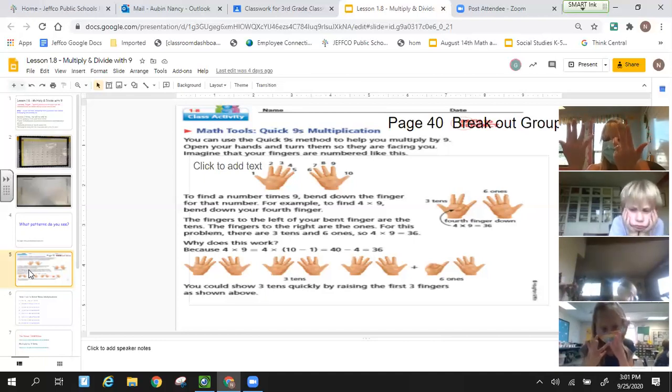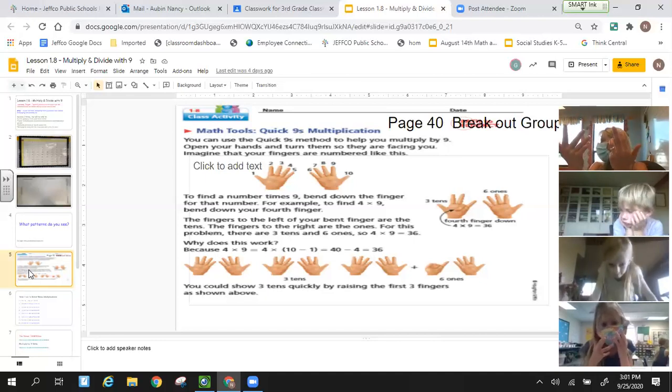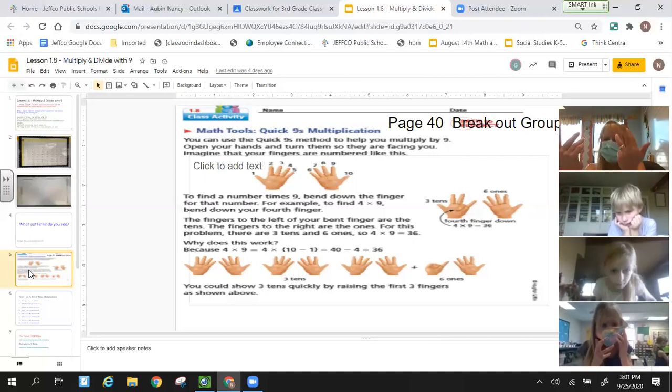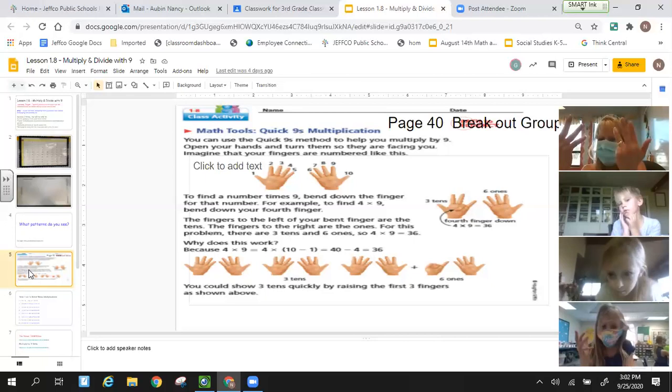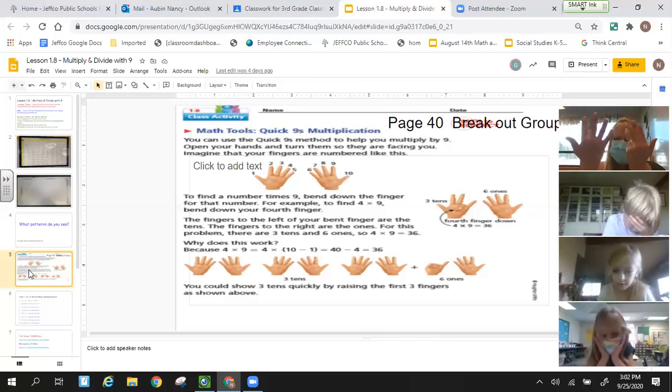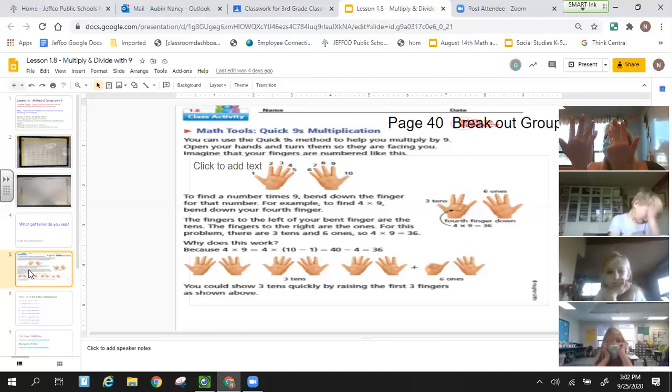Put it in the chat or say it out loud if you're at home. What do you think, Elena? She said 45 because there's 1, 2, 3, 4 fingers to the left of that 5th finger that's down, and 1, 2, 3, 4, 5 fingers to the right. 5 times 9 is 45.